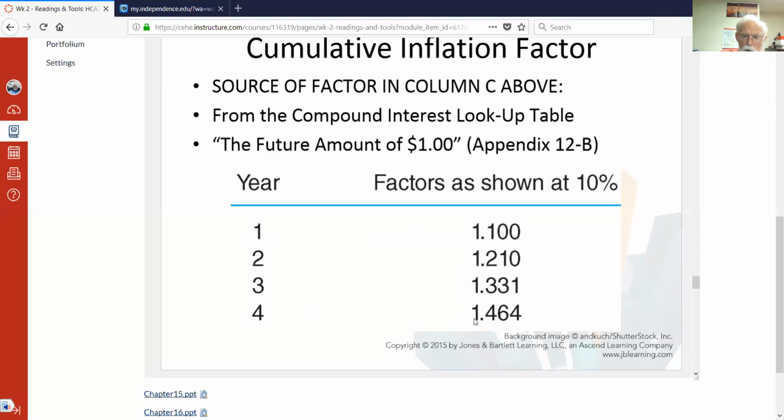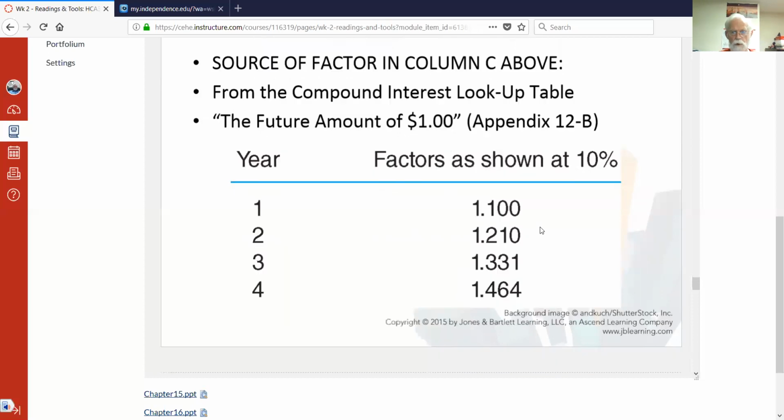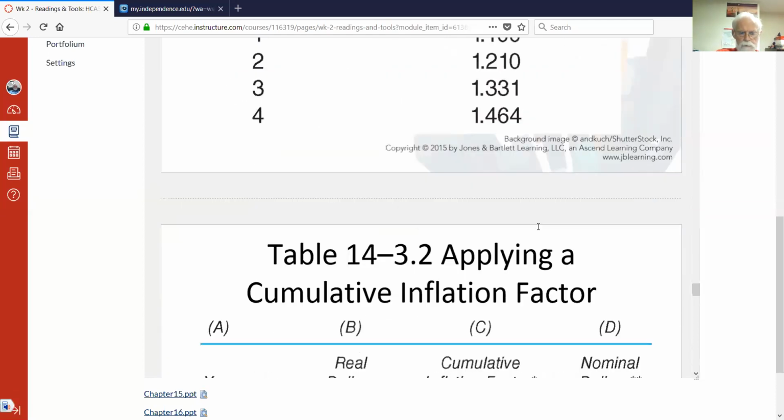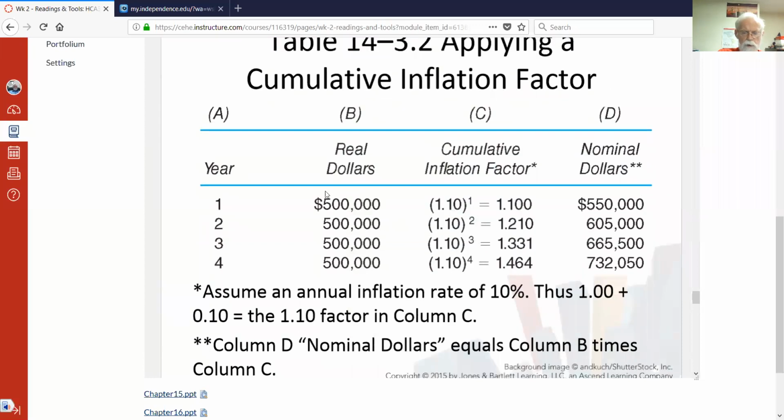By year 4, we're almost 50% above where we started. So inflation is an insidious factor that we have to look at, not just year on year, but over time. 1.1 squared is, of course, 1.1 times 1.1, etc.